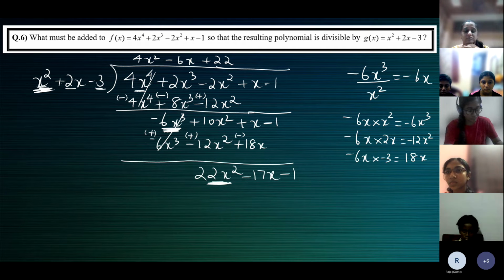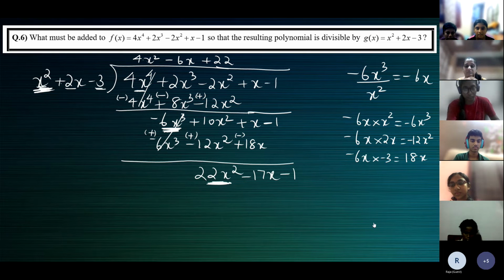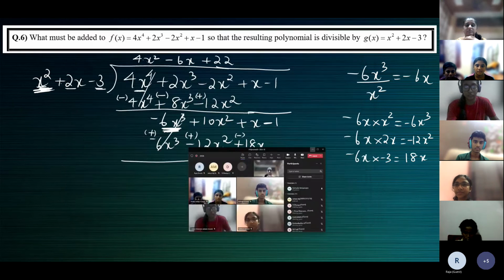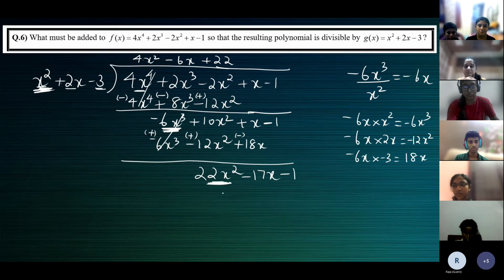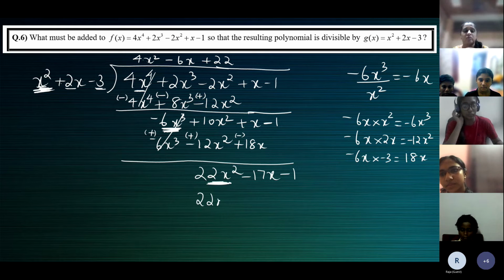Ma'am, can I? Yes, Sindhu or Sanjay. Ma'am, we have to multiply 22 with x square and we get 22x square. So 22 into x squared, 22x squared.